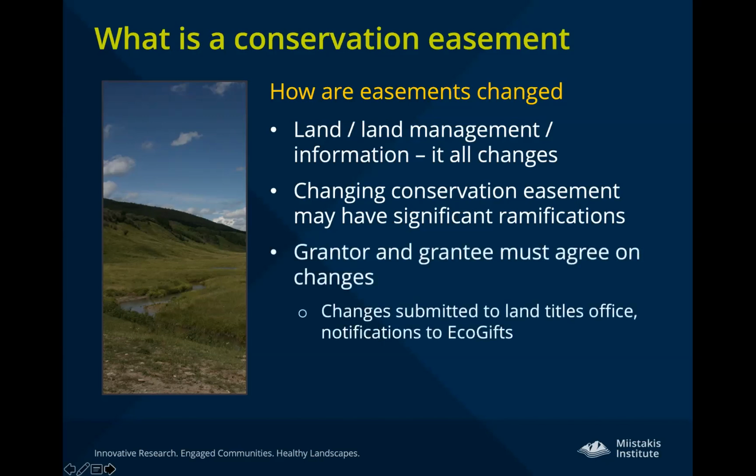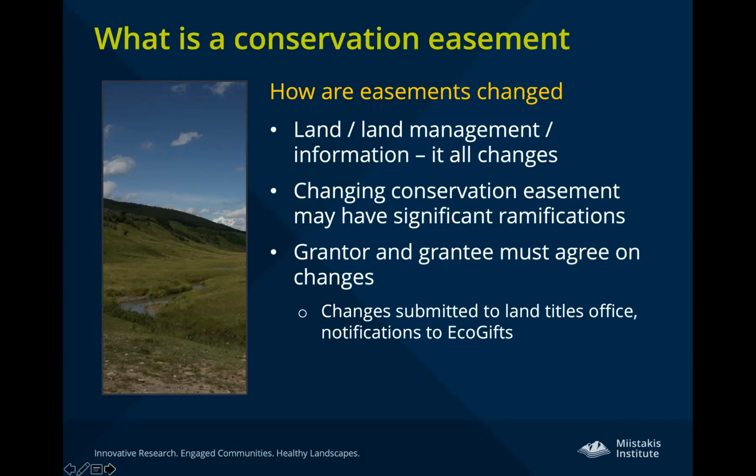The way changes can happen is, first, the grantor and the grantee, so the landowner and the qualified organization, if they both agree on changes, those changes can happen. But again, that's subject to the basic overall goals of a conservation easement. They can't come together and agree, we're going to build a 50-story building on top of that area that was conserved, and we're still calling it a conservation easement. Those things are still the base principles.